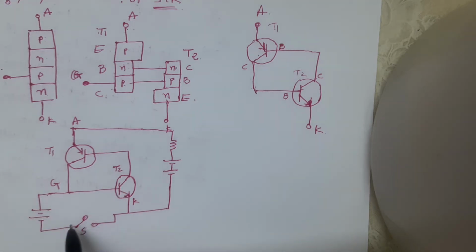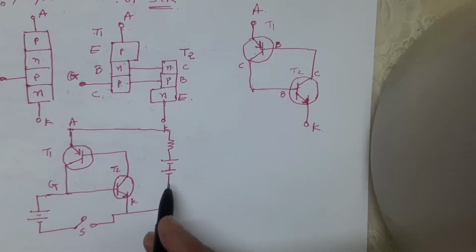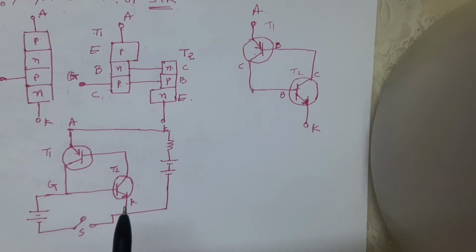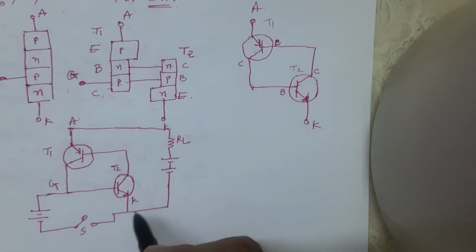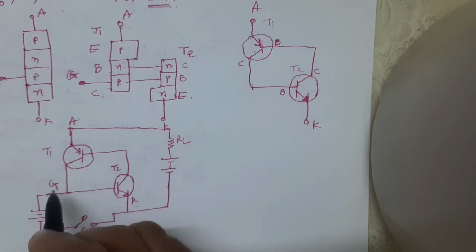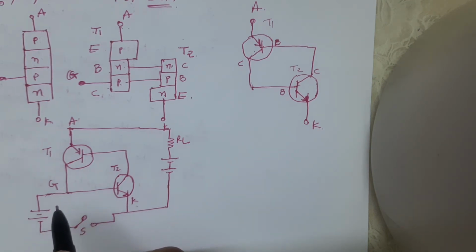When it is disconnected, there is no gate voltage, right? The working of the SCR can be very easily explained. This is your RL, anode. Where is cathode? This is your cathode, and this is your gate. Figure shows the equivalent circuit of the SCR with a supply voltage V and load resistance RL.